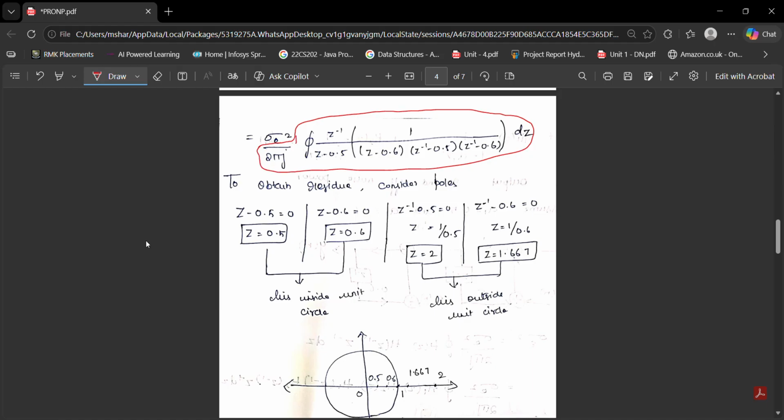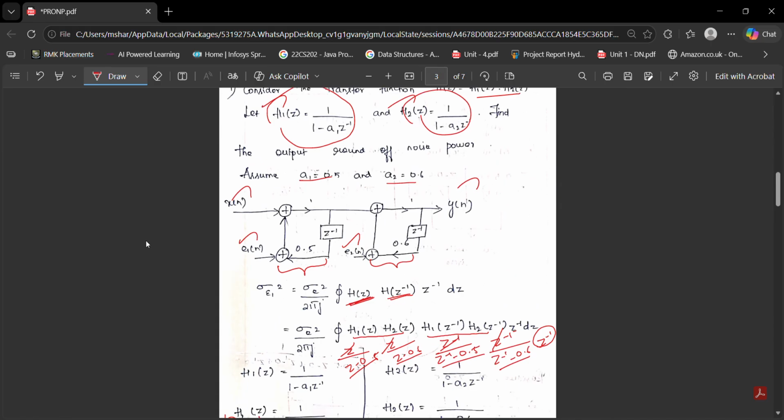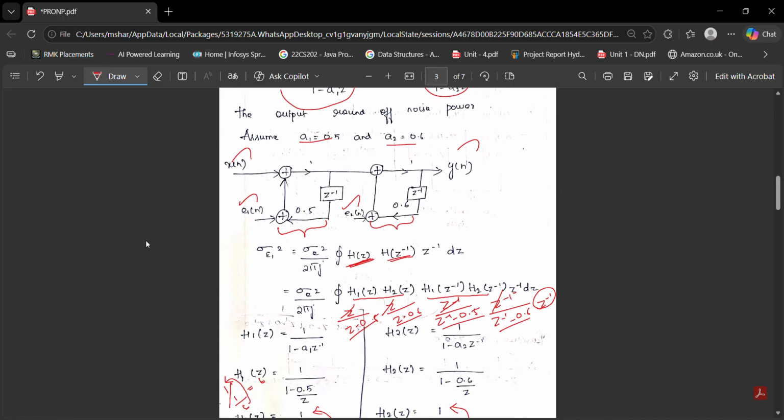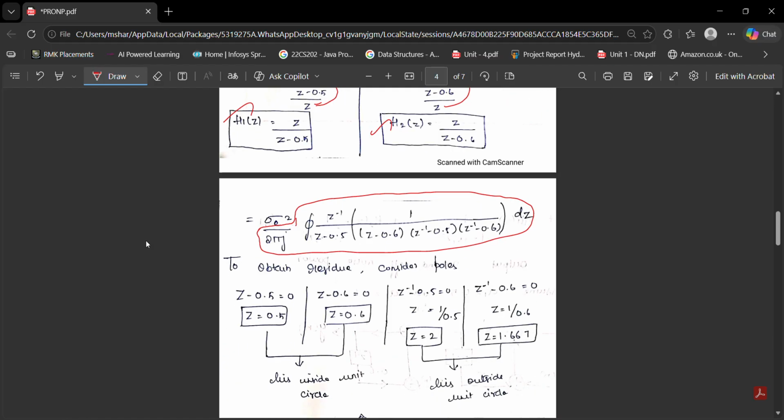That is 1 by 2 pi j closed contour integral of z inverse by this whole thing. To make it clear, I'll mark it in this formula. This whole formula is the residue formula. So what you will be doing is 1 by 2 pi j closed contour integral H of z inverse into dz. This formula is the residue formula. So first I will be calculating the residue for this equation.